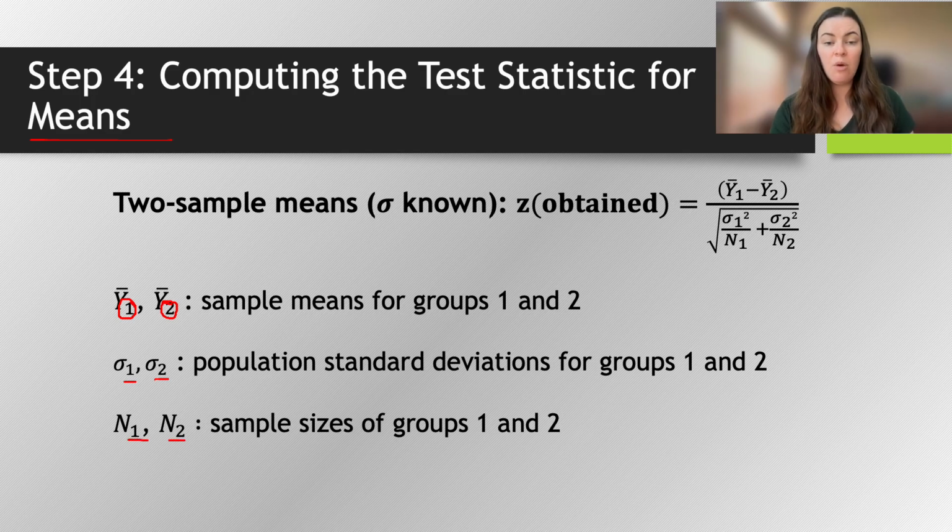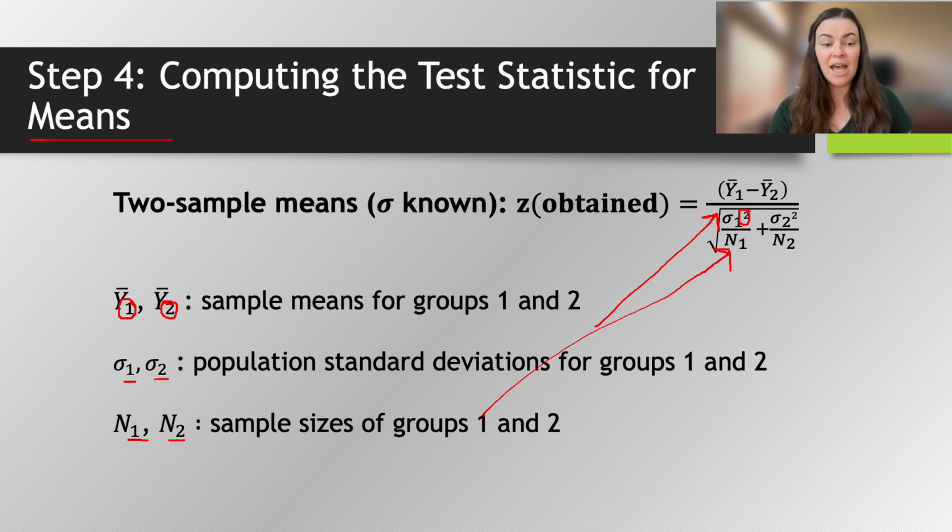How we plug these in is we take the sample mean for group 1 and subtract that by the sample mean of group 2. The denominator is the square root of the population standard deviation of group 1 squared, so keep that in mind here, divided by our sample size of group 1.